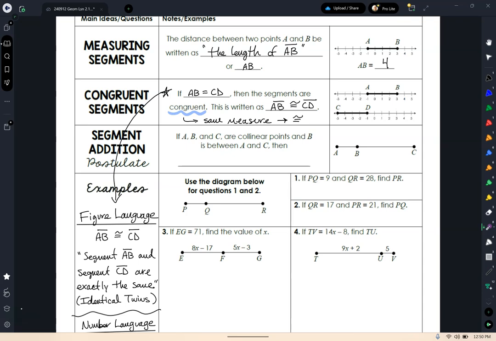But if I wanted to state all the things that were equal about that triangle, I would have to say this side is equal to that side, and the other side is equal to this side, and the third side is equal to the third side, and this angle is equal to that angle, and this angle is equal to that angle. I'd have to write out a whole lot more. But when I say this whole figure is exactly the same as this whole figure, we understand that means all of the components of it, right down to its DNA, are 100% the same. That's what we mean when we talk about congruent. That's the difference between congruent and equal.